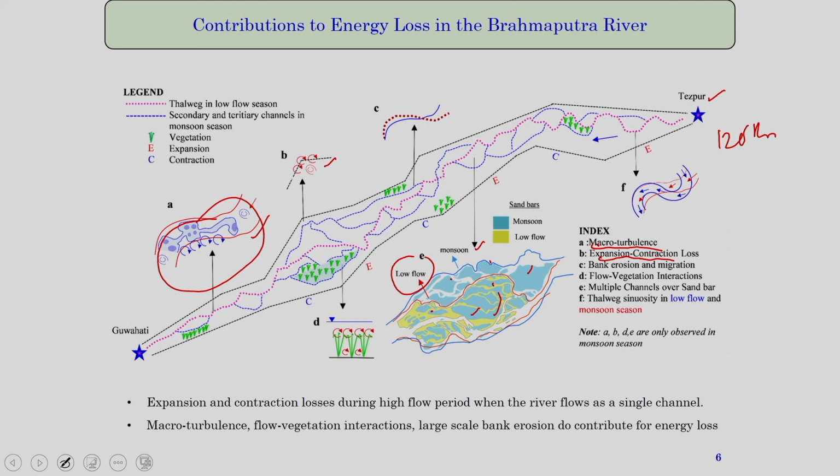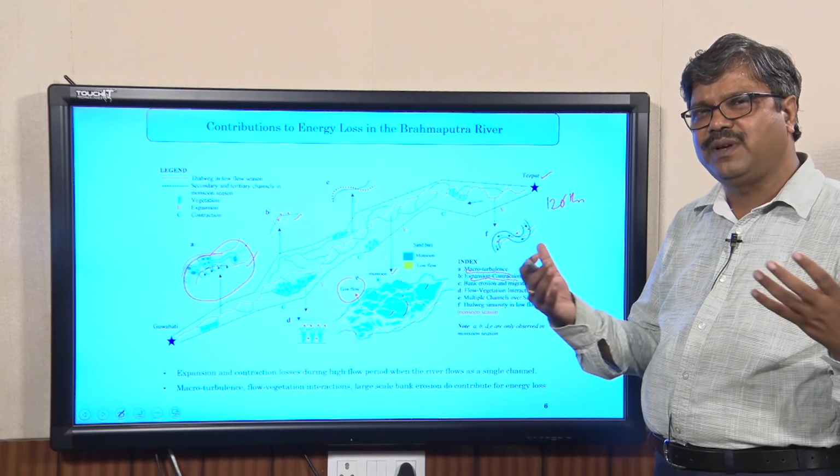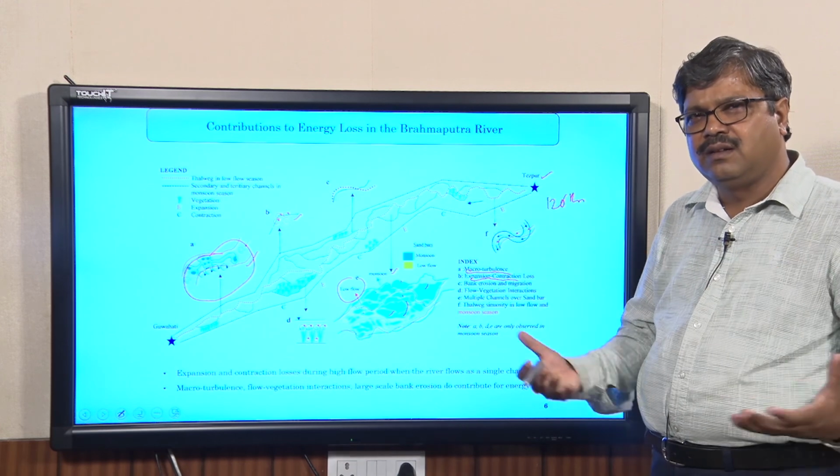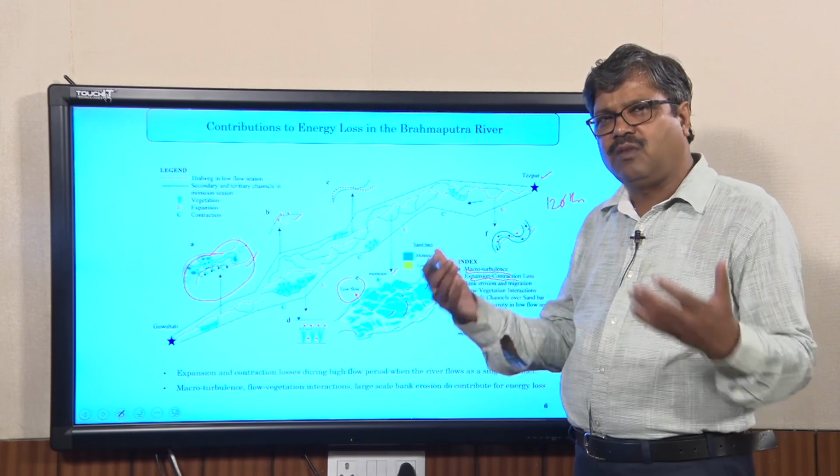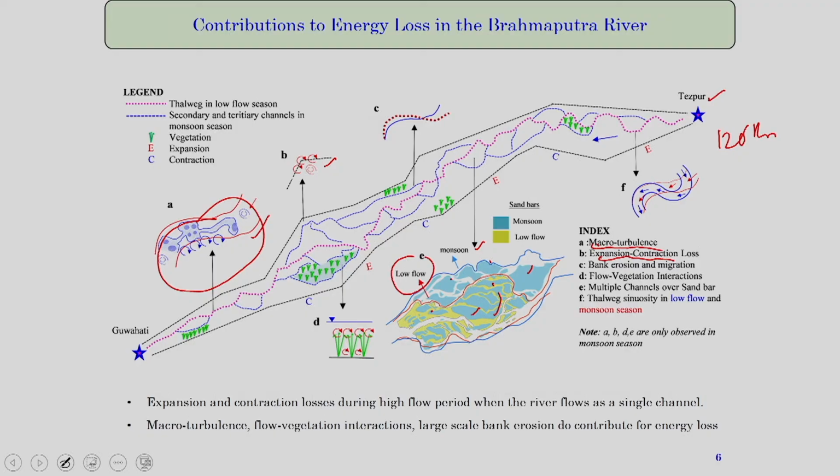Not only that, when the river belt is so large, you can have the presence of vegetation, certain types of grasses, scrublands or forest. Those vegetations also interact with the hydrodynamics, so you can have energy losses due to flow-vegetation interactions.